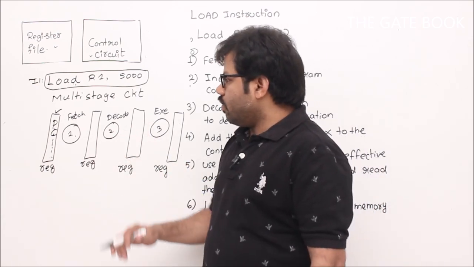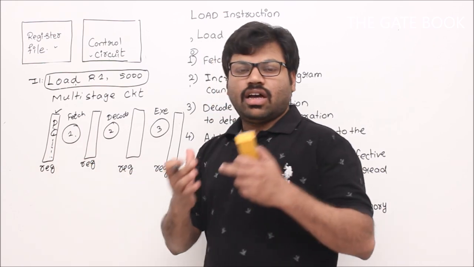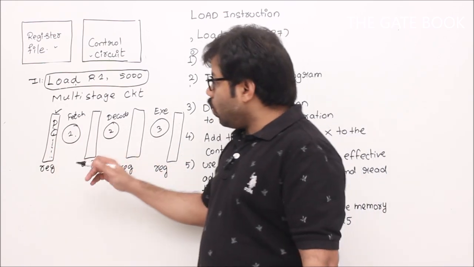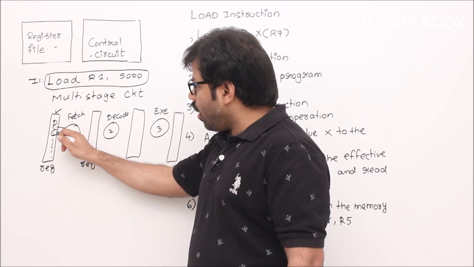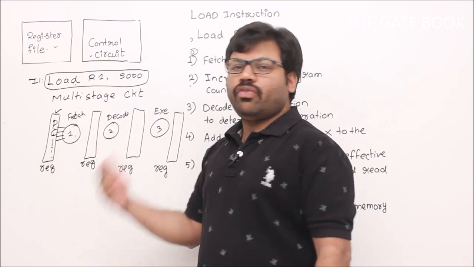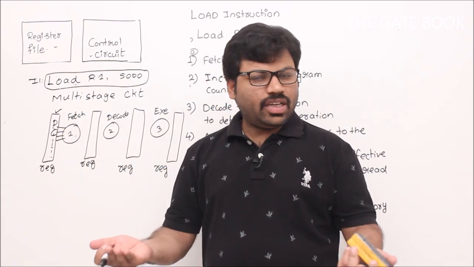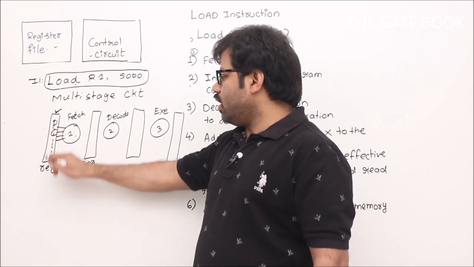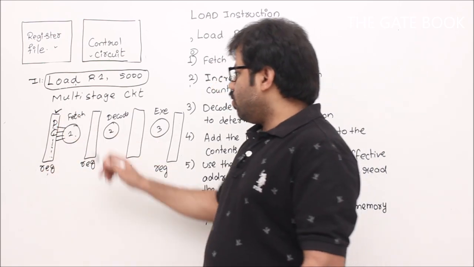Now these registers are going to be used to store the information required for the fetch operation. Before fetching, what do you want? The address of the instruction, which will be provided in this register. Now fetch it.